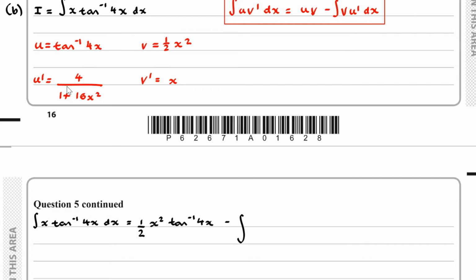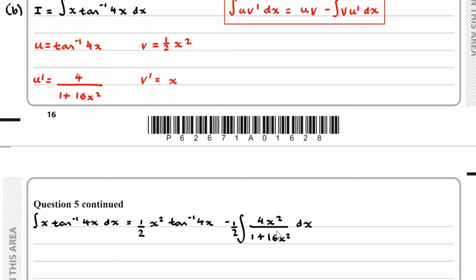So we've got this times this, and what I will do is take out the half as a constant. So we've got 1/2 lots of the integral of 4x squared over 1 plus 16 x squared dx.